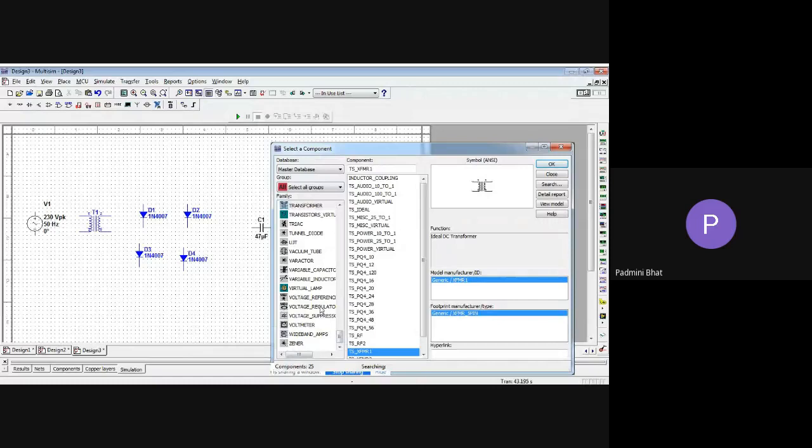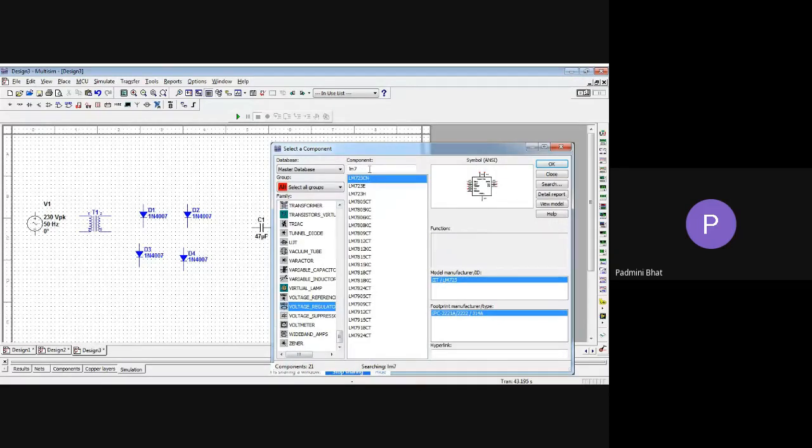Yeah, now we'll go for a regulator, LM7805. Okay.